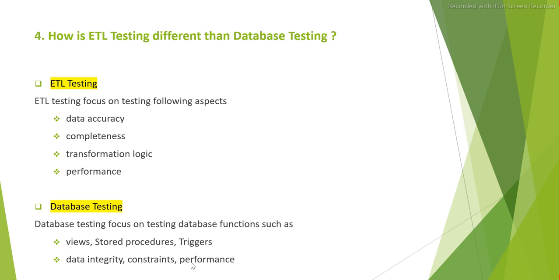Data integrity constraints, and then performance, obviously, right? Some stored procedure you have written should be able to complete its work given any amount of data in a very optimal fashion, right? So that is the focus for database testing.